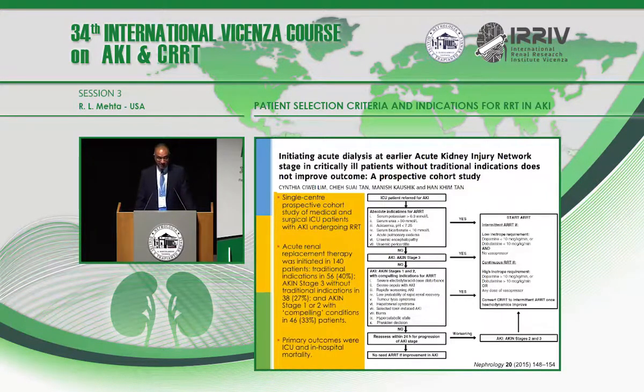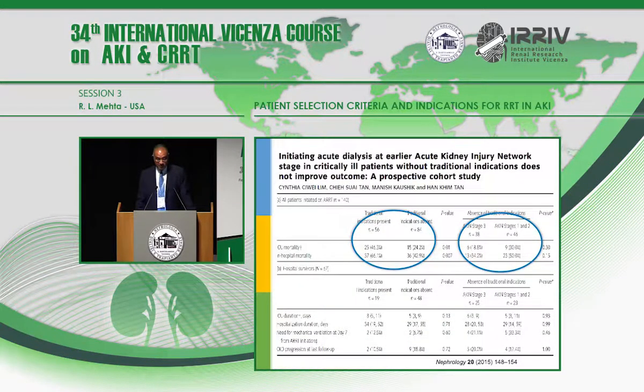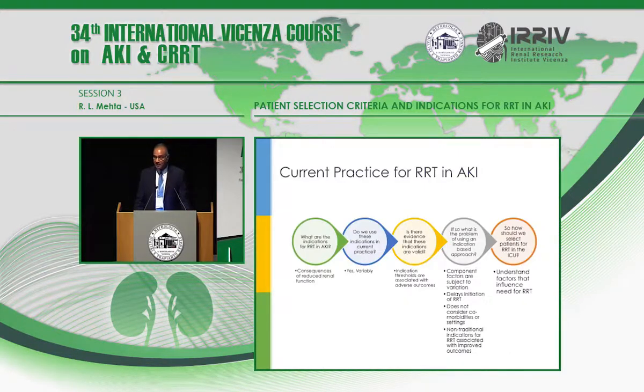And a similar single-center prospective trial looked at patients who were stage 3 or had AKI stage 1 and 2 with compelling indications. Again, when the traditional indications are present, you can see the ICU mortality goes from 46 to 66%, and when they are absent it is 24 and 42.9%. And so this sort of trend points out the inability of our current indication strategies to guide who should be started on dialysis at that point in time.